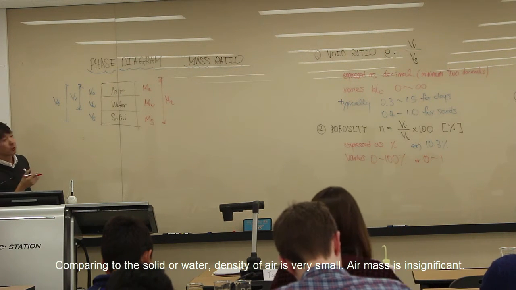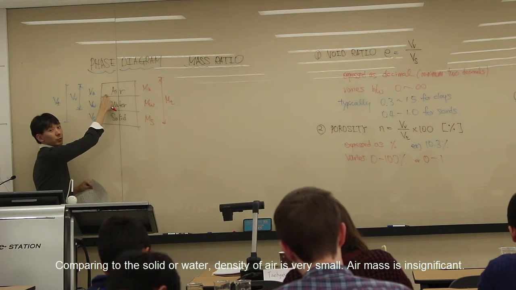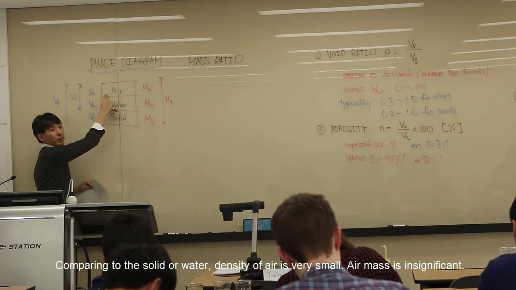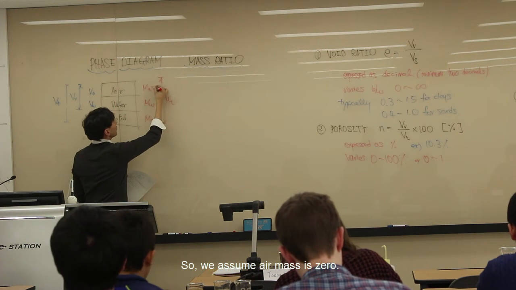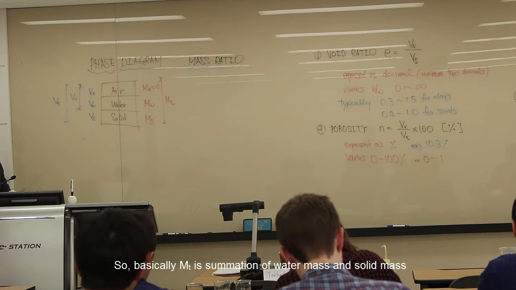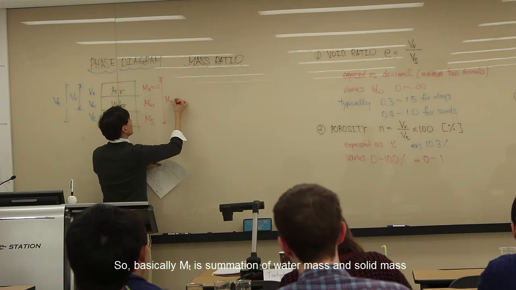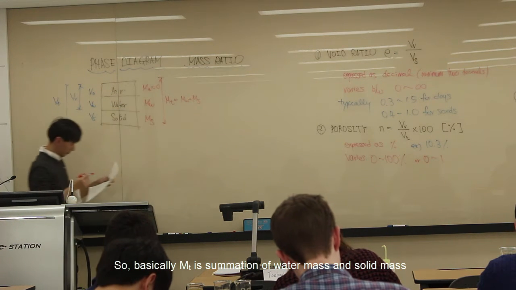But compared to the solid or water, the density of air is very small, right? It is insignificant, so we assume this is always 0. So basically, the total mass is the summation of the water mass plus the solid mass.